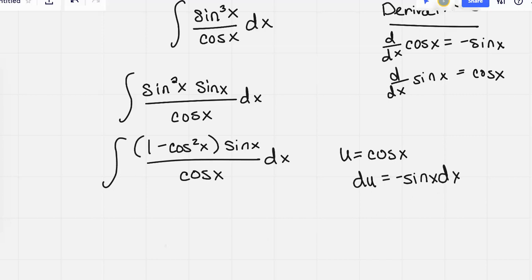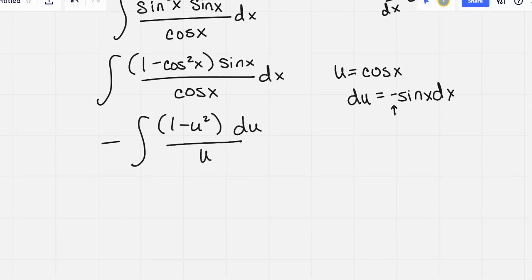I love seeing that. So now, don't forget about that negative sign there. So the negative I'll just bring all the way out front, and I have 1 minus u squared. The sine x dx just became du, and all over my u, because that's what cosine x is.